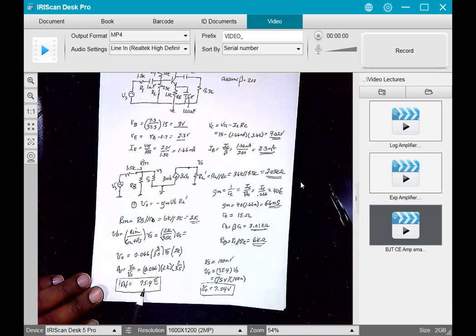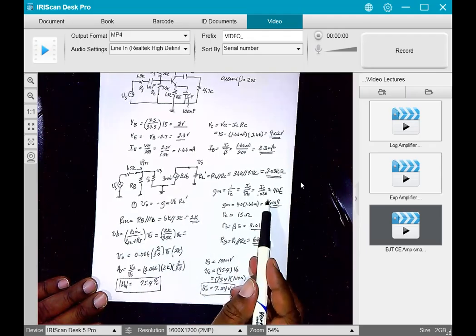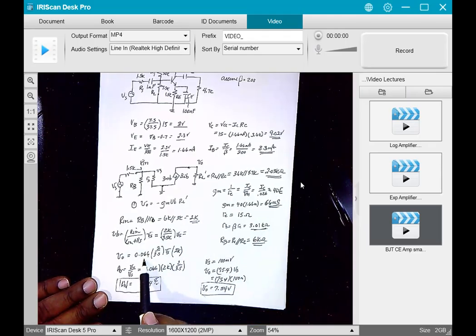Well, actually, I kind of skipped a step and started adding some stuff together, because here I started with V out is, and I put in the value for GM because I'd already calculated it over here. And then I put in the value for RN over RS. Okay, I see, right there. For the GM, you put 66 milliseconds, you said?